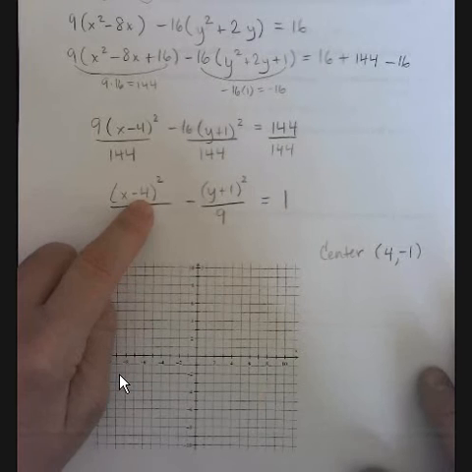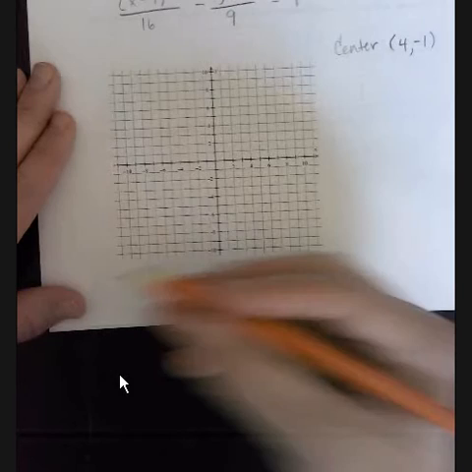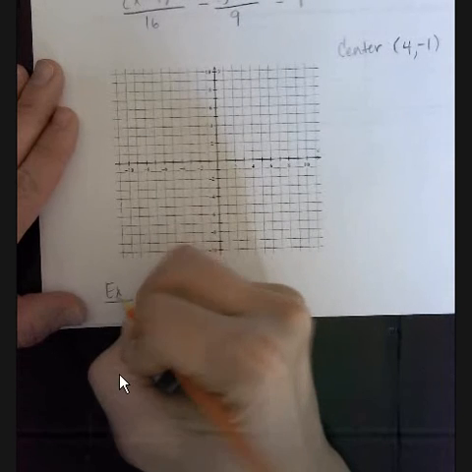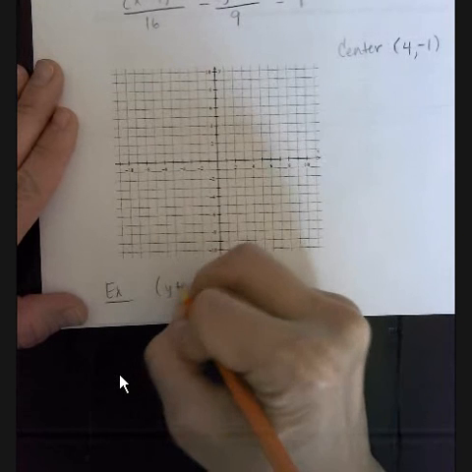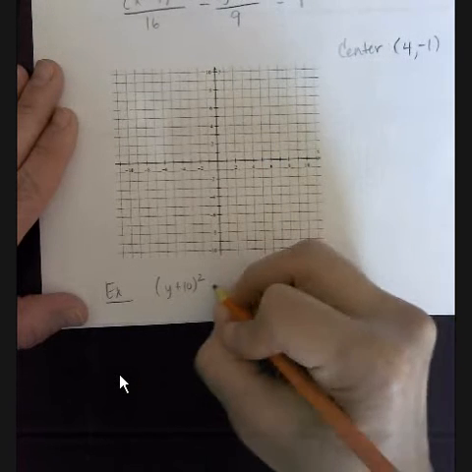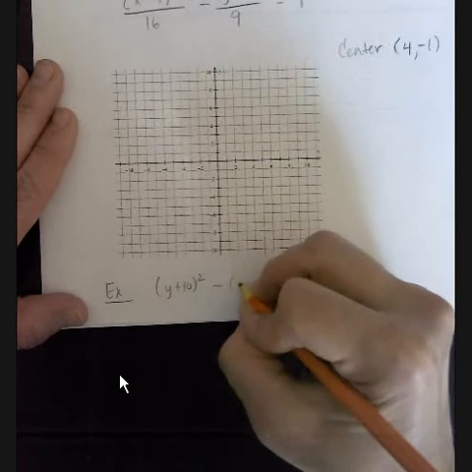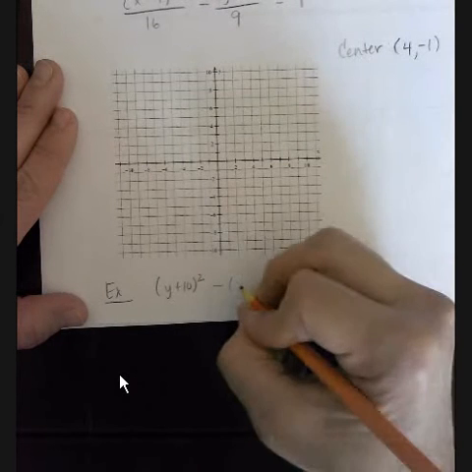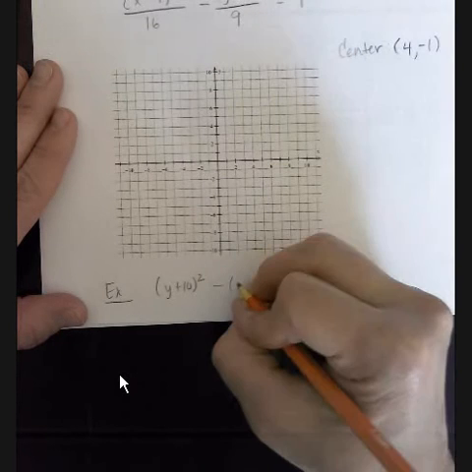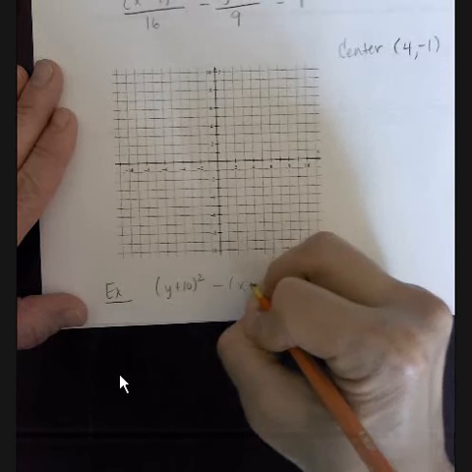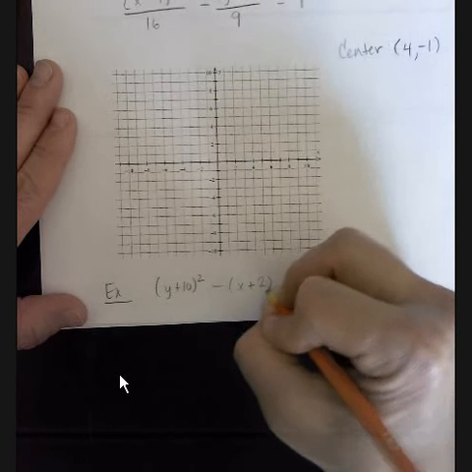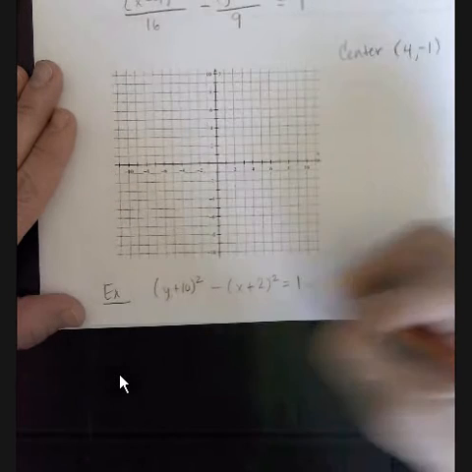For example, say it's (y plus 10) squared minus (x plus 2) squared equals 1, something like that.